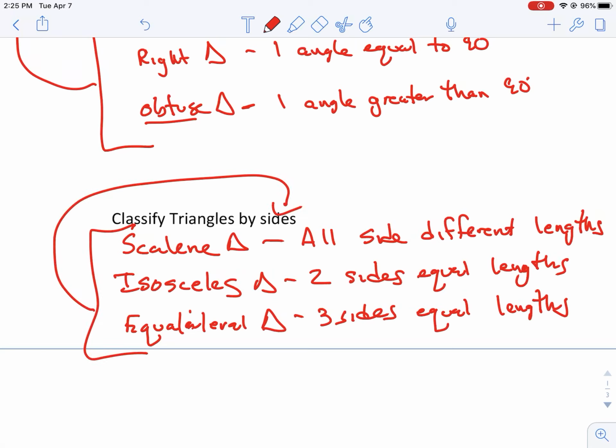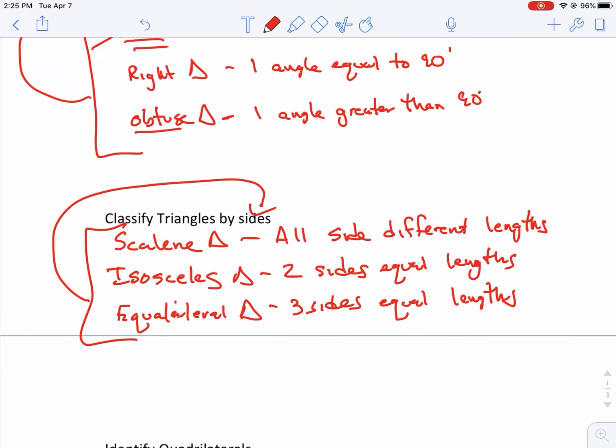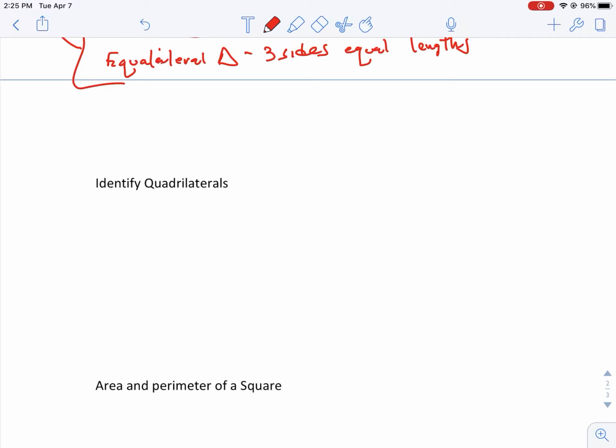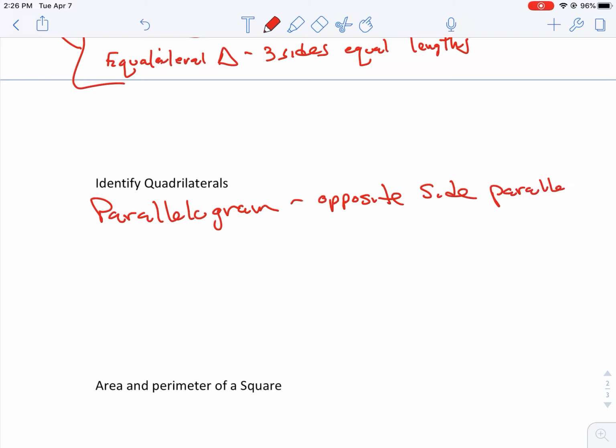Okay? Again, these are the three terms you'll use to classify triangles by their sides. Now we're going to identify quadrilaterals. We have the parallelogram. Opposite sides parallel.